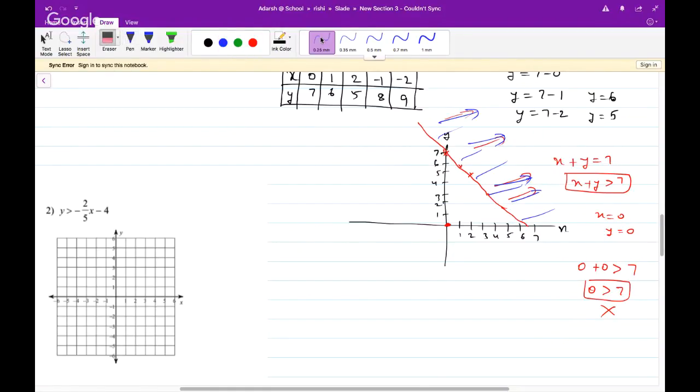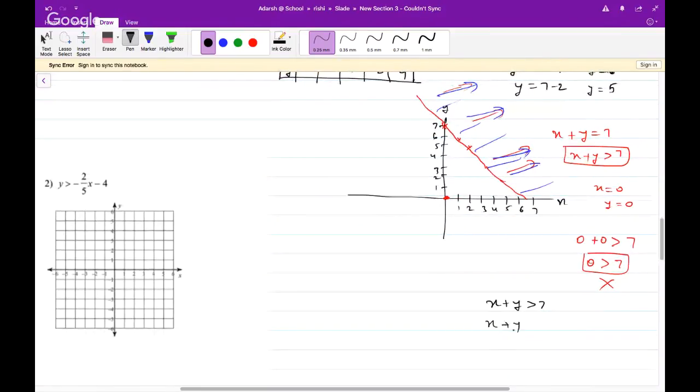Now one more thing we have to remember: x plus y greater than 7 is one thing, x plus y greater than or equal to 7 is another. When x plus y is greater than or equal to 7, the value of x plus y is also 7. This entire line can also be the required region.